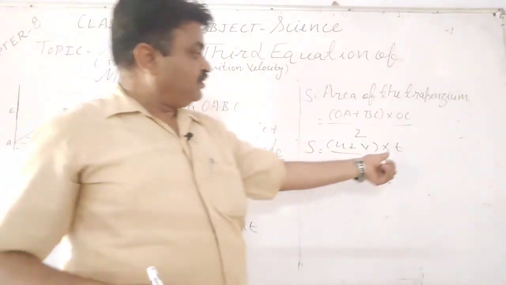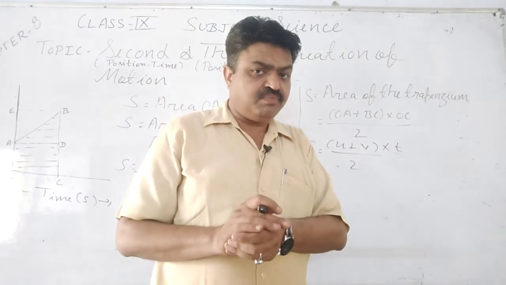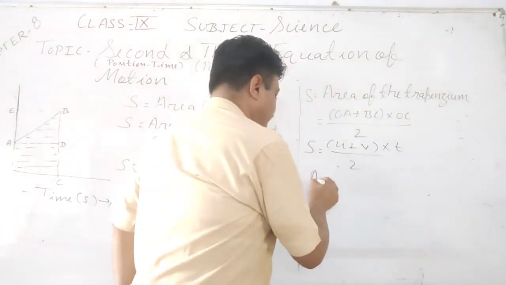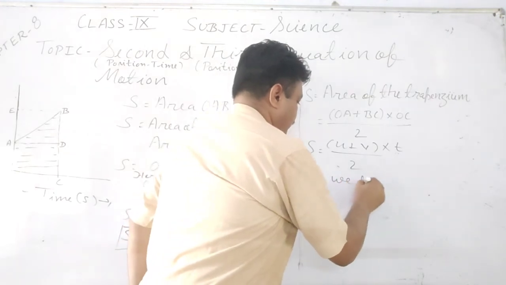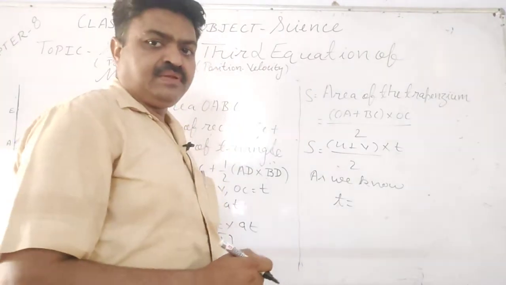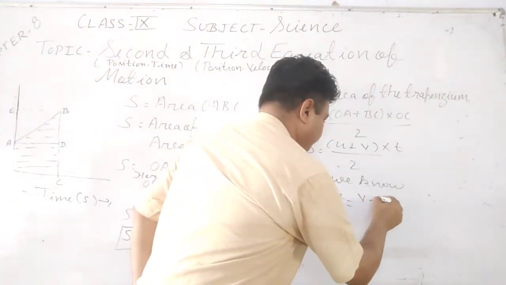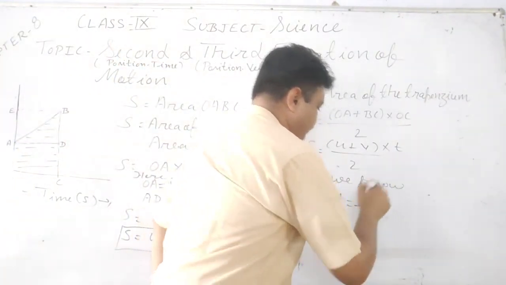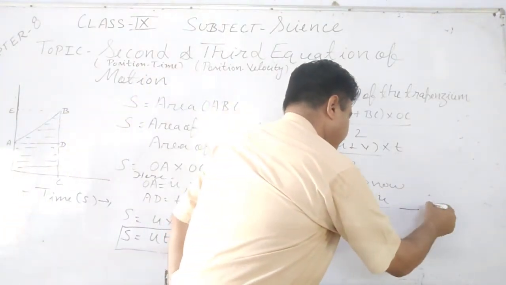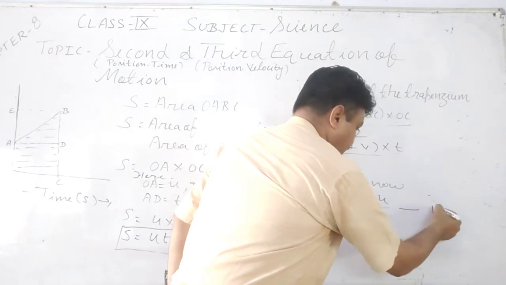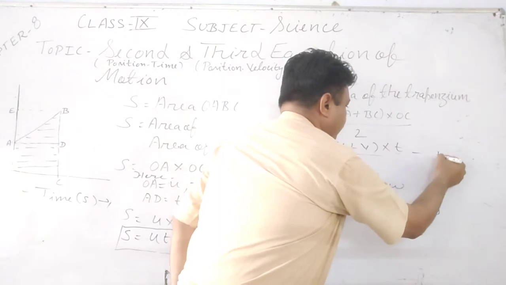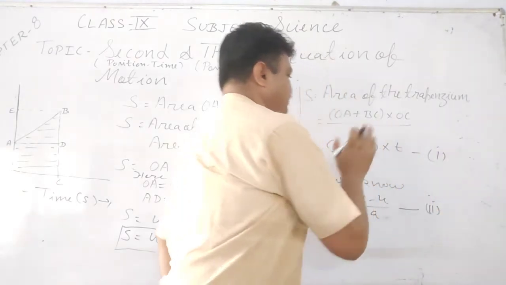Now, by using the first equation of motion, we can get the value of time. As we know, time is equal to v minus u upon a. Now we put this substitution into the formula.